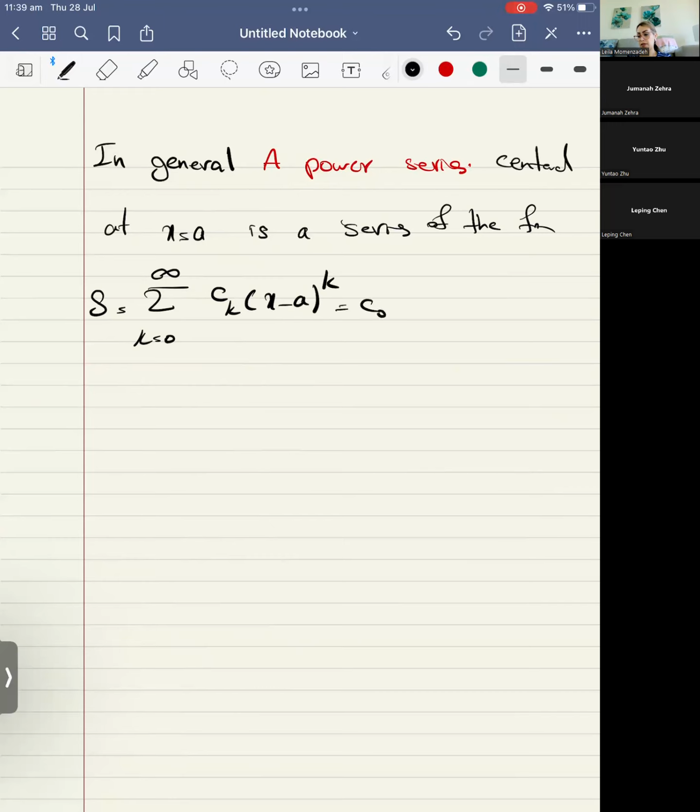We can write c0 plus c1(x minus a) plus c2(x minus a)^2 and so on.